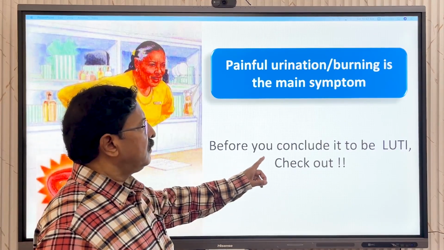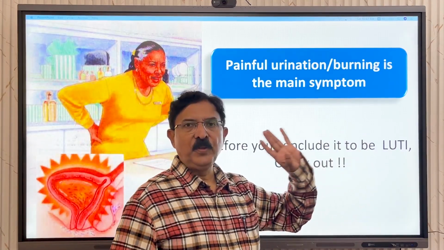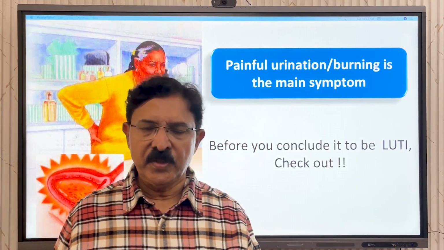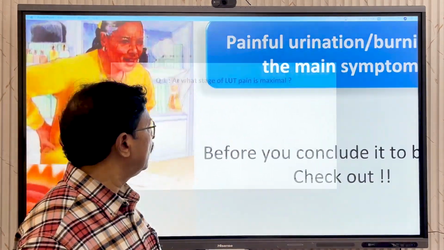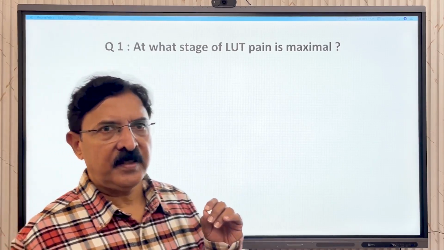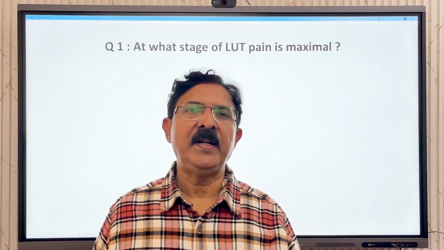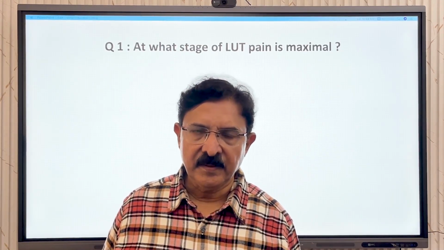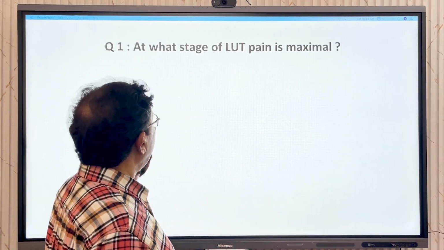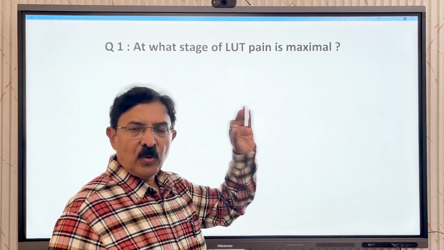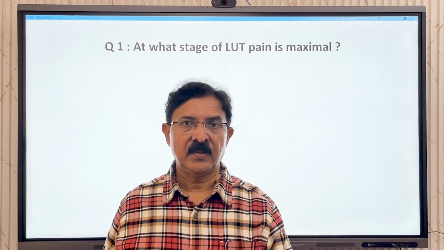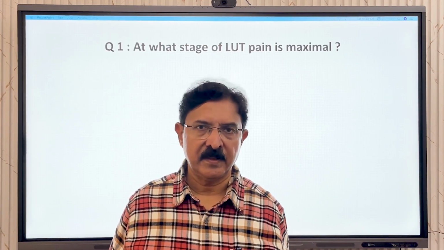Before you conclude that this painful urination is because of the UTI, you have to check out certain things. What I consider as the most important point before you proceed further is that you have to ask the patient at what stage of lower urinary tract function the pain is there or the pain is maximal.